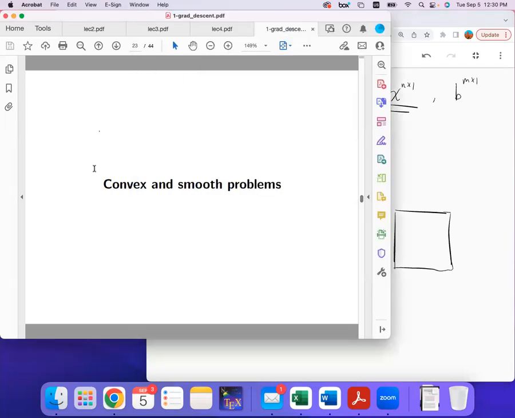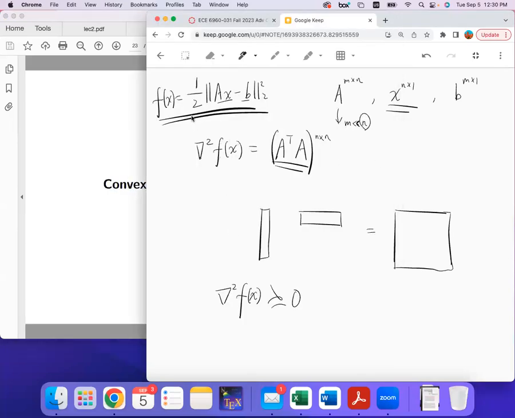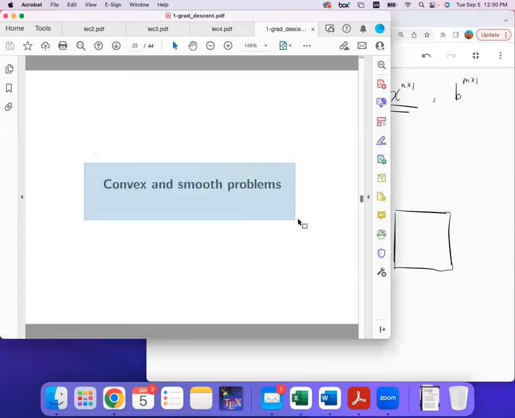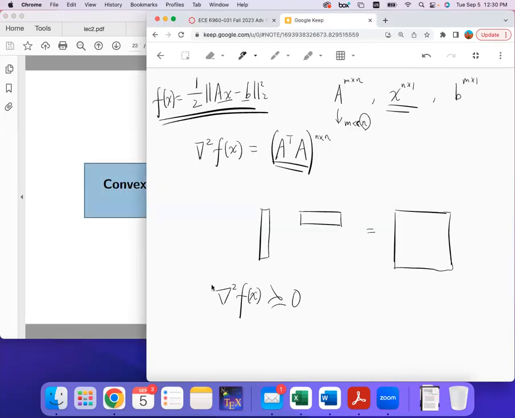Therefore, this motivates us to further consider the class of problems where we do not have strong convexity. We only have convexity and smoothness. And in this case, such a least square problem falls into this class. It is convex because the Hessian is positive semi-definite, bigger than or equal to 0, but not strongly convex.